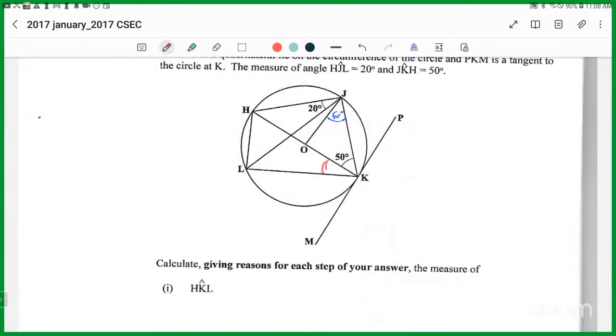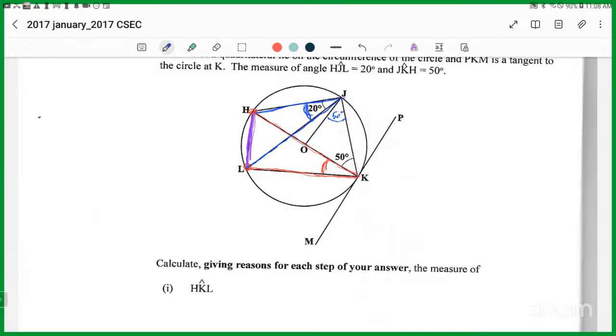Now, if you can't see what it is right away, what you always do is go back along the sides forming the angle at the circumference until you reach a circumference point where the angle is subtended from. They're subtended by this arc, or you could say they're subtended by this chord that I'm drawing in purple. What is the chord doing? The same chord is subtending an angle up here at the circumference of 20 degrees.